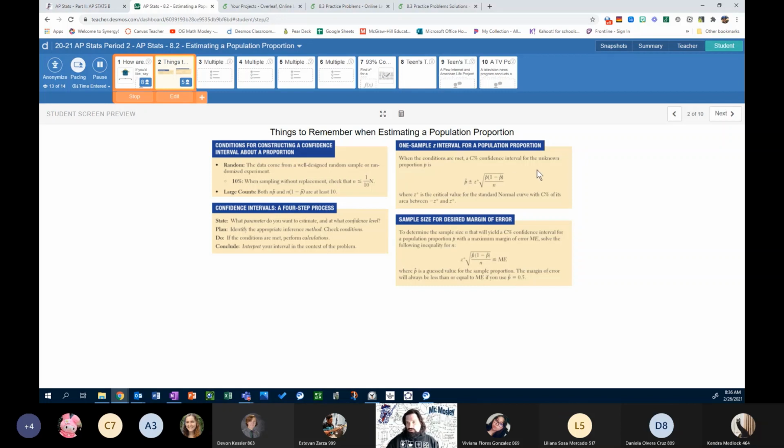That allows us to create the confidence interval. And we have the sample size for a desired margin of error inequality that we will use to determine a sample size that will result in a specific percentage of confidence with a certain margin of error. Right? So these are some key things that we should have taken away from yesterday's lesson.